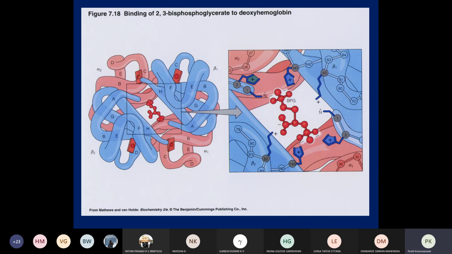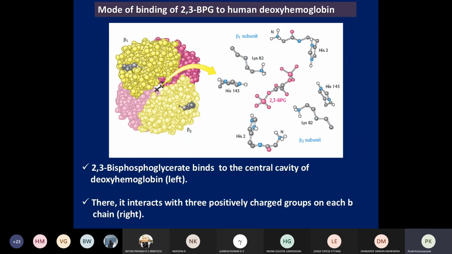So that means, and you can also see here, since 2,3-bisphosphoglycerate is an anionic molecule, it interacts with the positively charged amino acids lysine and histidine, present in histidine 2 and histidine 143 and lysine 82, present between the two beta subunits.